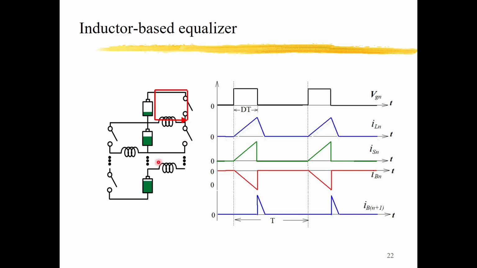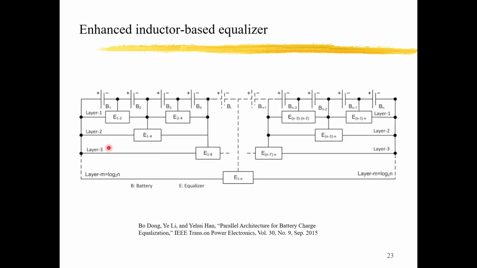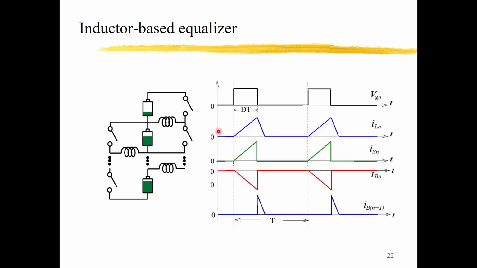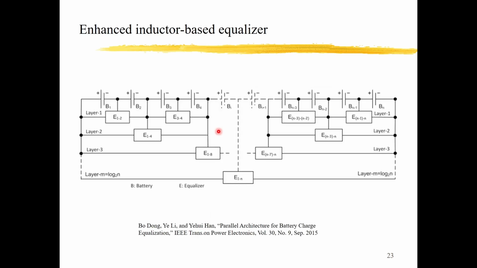So this is the inductor-based equalizer. For this method, you can also find that the energy transfer can only happen between the neighboring cells. Only neighbor to neighbor energy transfer is possible, just like the original capacitor-based method.